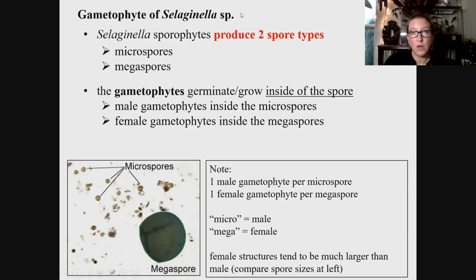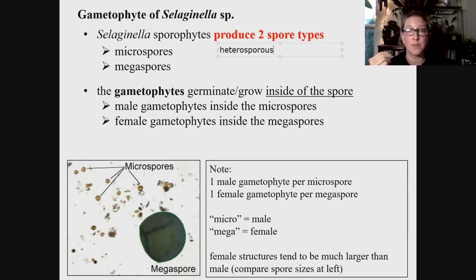And just so you know, and we will see it on slides coming up, when you have sporophytes that produce two types of spore, they are called heterosporous. So those sporophytes are heterosporous. Hetero means different, and sporous refers to spores.